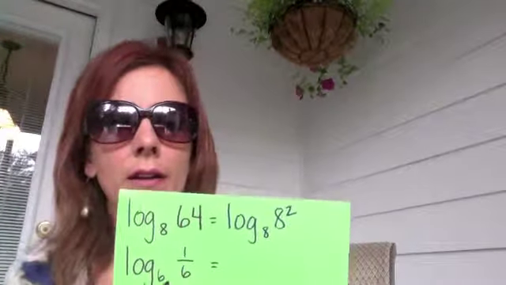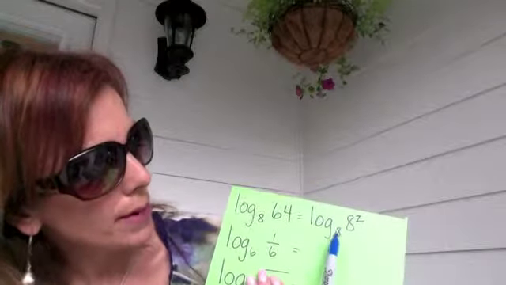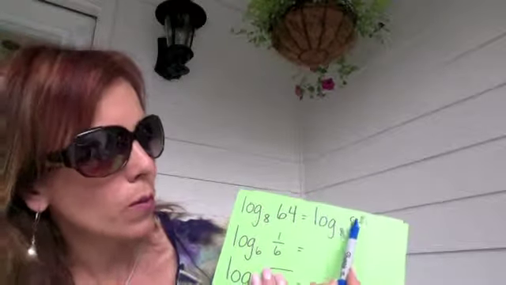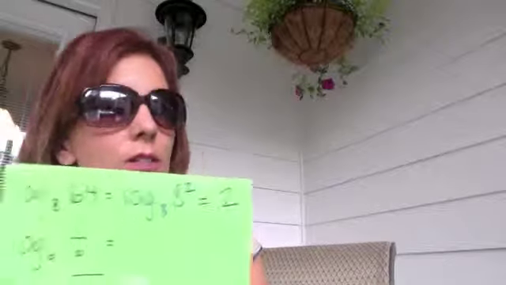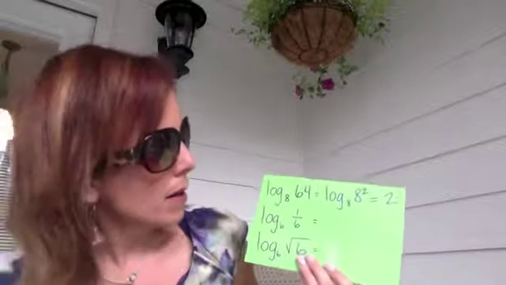Now if you can write it so that the base of the log and the base of this exponent are the same thing, then what you're left with is your answer. So log base 8 of 8 squared is equal to 2. Okay, fantastic.